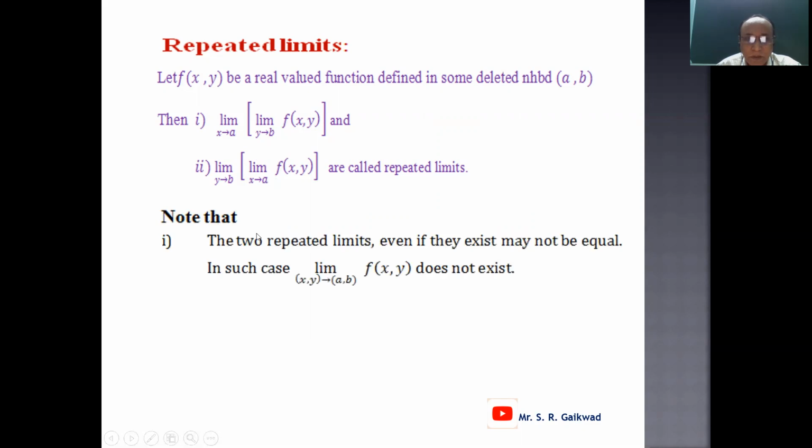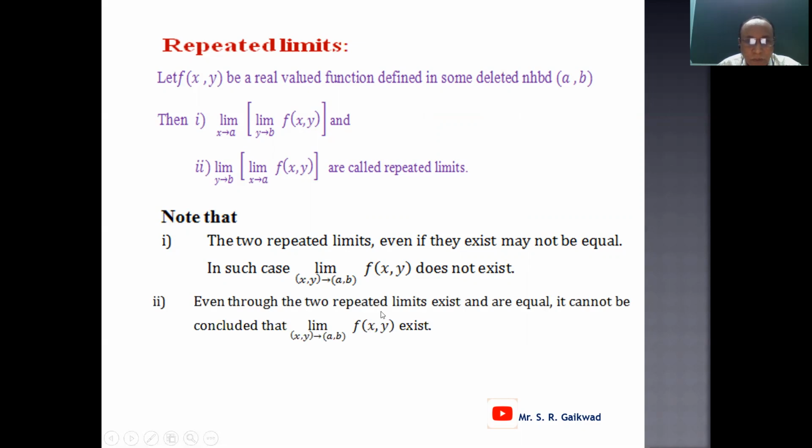Note, the two repeated limits, even if they exist, may not be equal. In such a case, the limit as (x, y) tends to (a, b) of f(x, y) does not exist. It means if repeated limits exist but are not equal, then the simultaneous limit or double limit of the function f(x, y) does not exist.